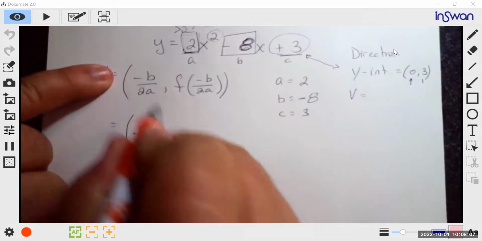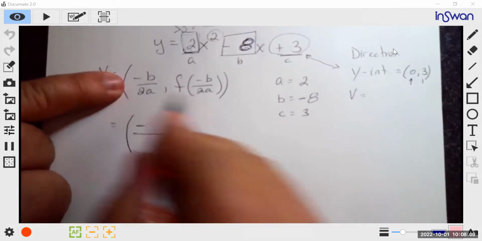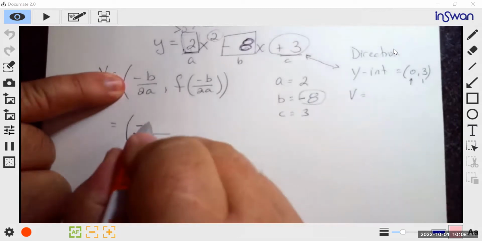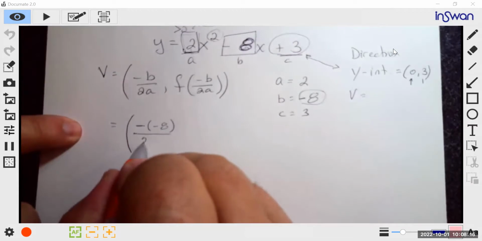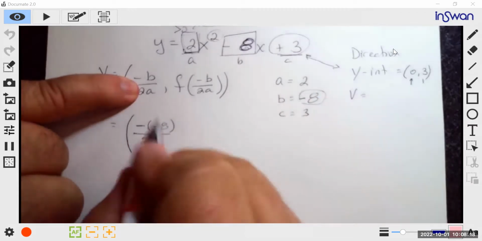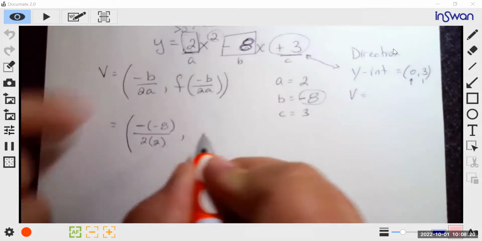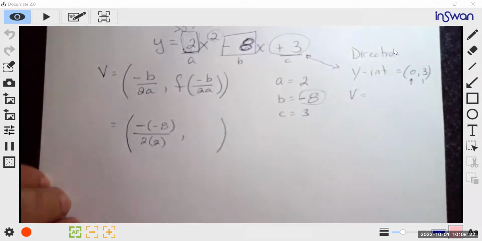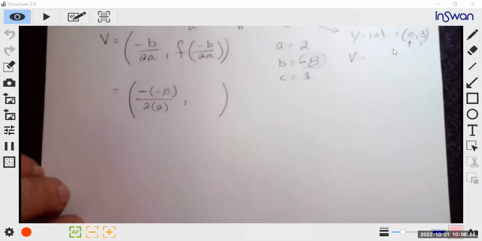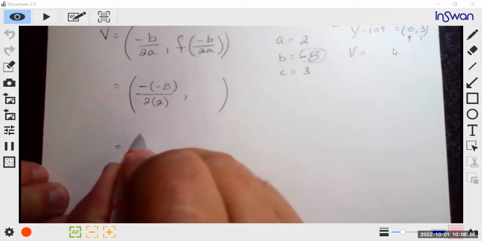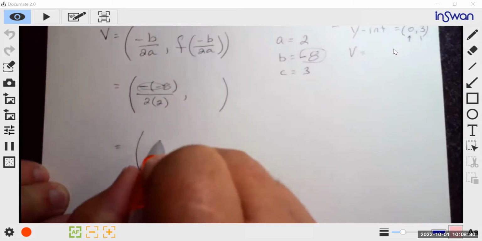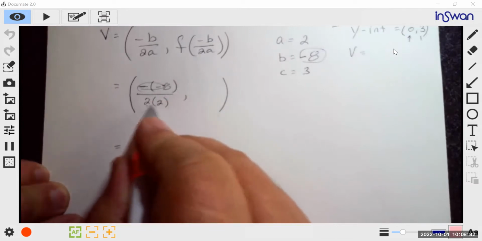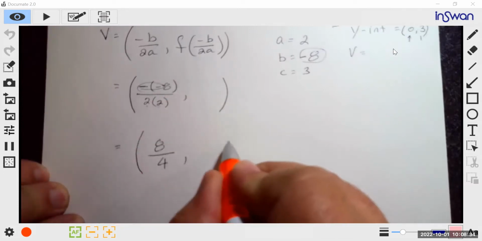So negative, what's B? It is -8. 2 times A. Negative makes it a positive. 2 times 2 is 4.